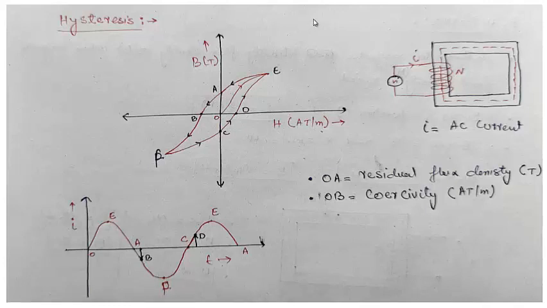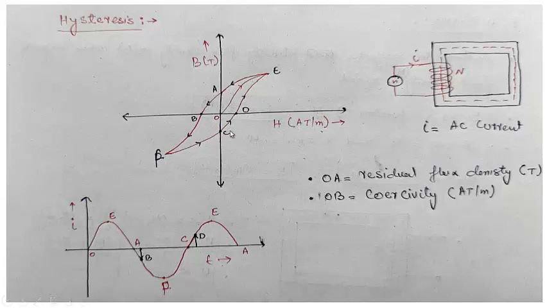You will see that the curve will not follow the same path, because when this decreased, at this point H is this value and B is this value. Now H is decreased in this manner. Ideally it should follow this, but it retains the alignment of the magnetic dipole moments.